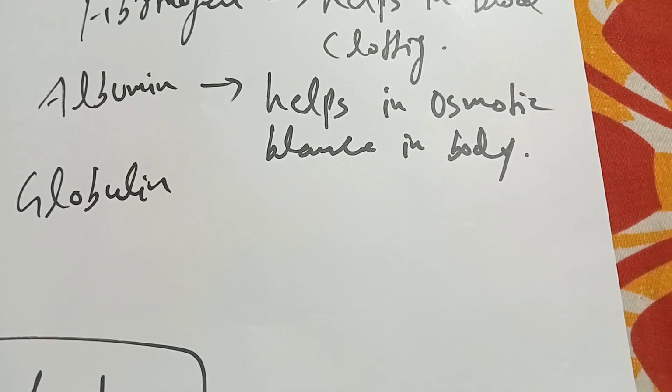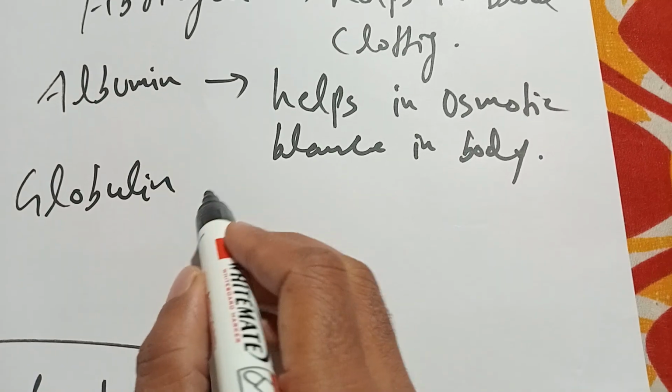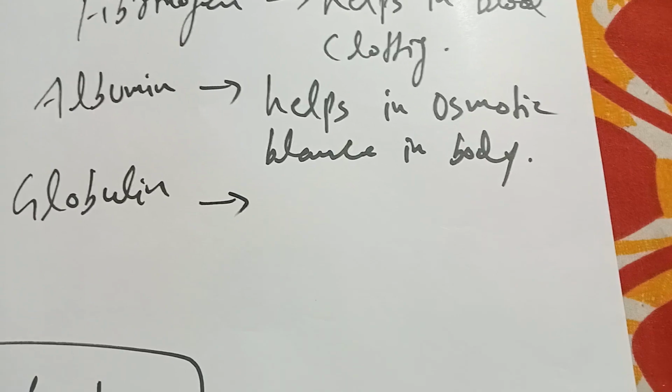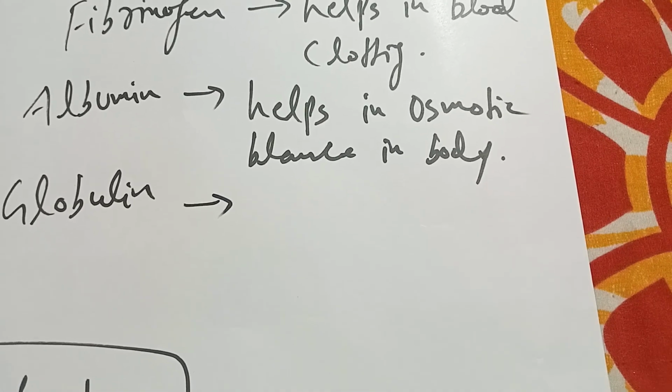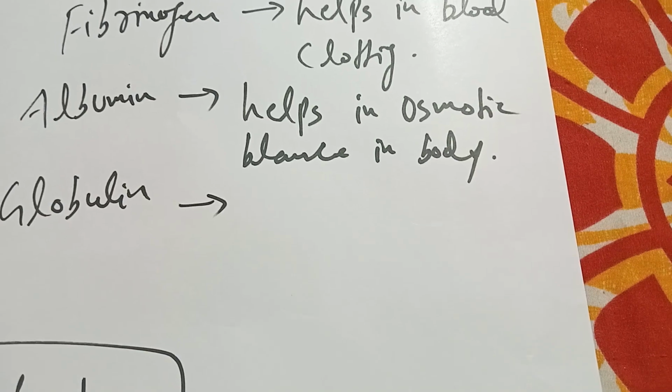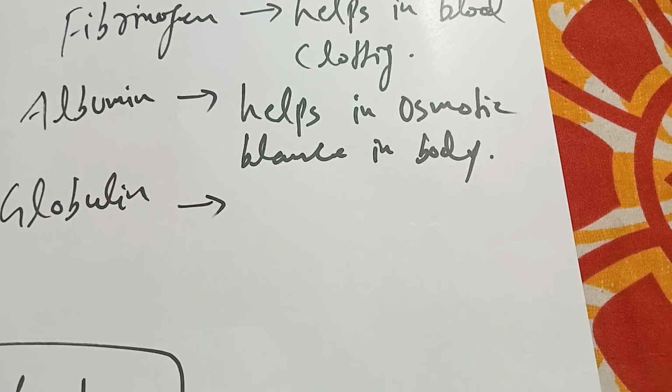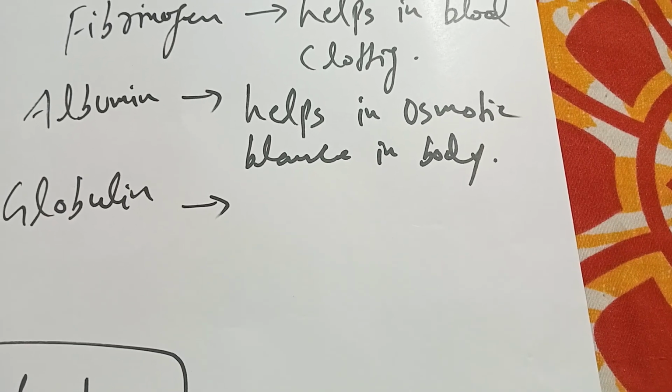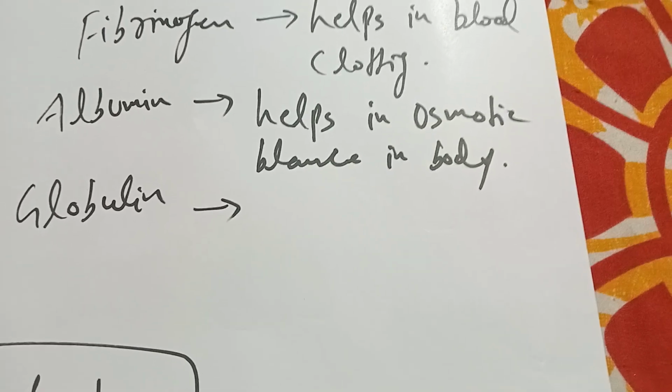Globulin is a part of the immune system. So globulin protein makes the immune system which fights against disease. It helps in the defense mechanism.